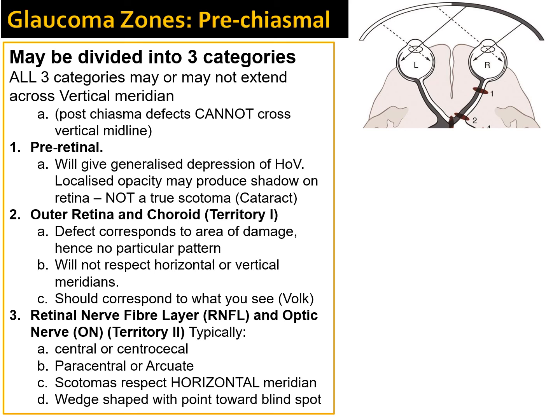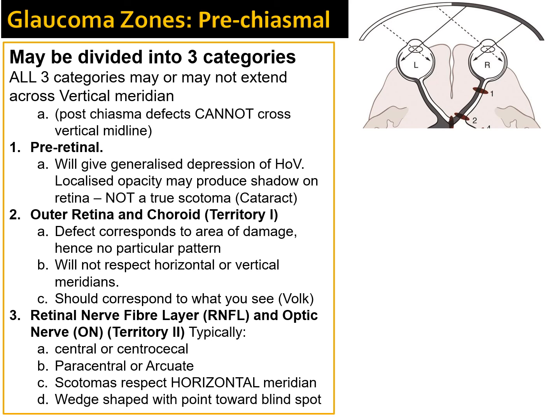Then there's the outer retina and choroid, that's territory 1. In this case, the defect corresponds to the area of damage, hence there is not necessarily a pattern. They won't necessarily respect the horizontal or vertical meridians, and quite frankly, you should be able to see them because they're in the retina.